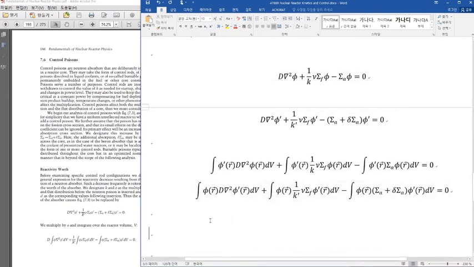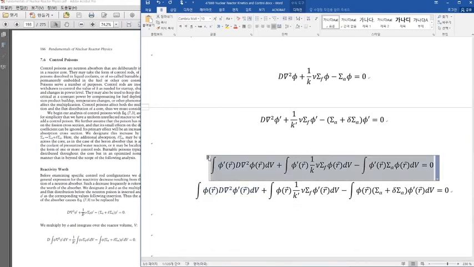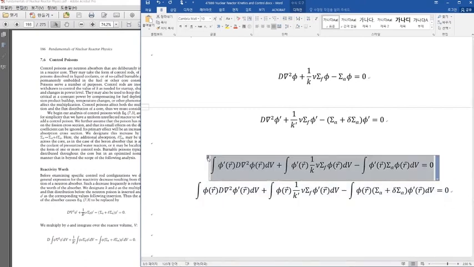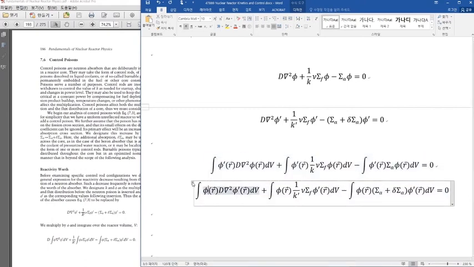To make this consistent with our textbook, we are going to subtract the first equation from the second equation.